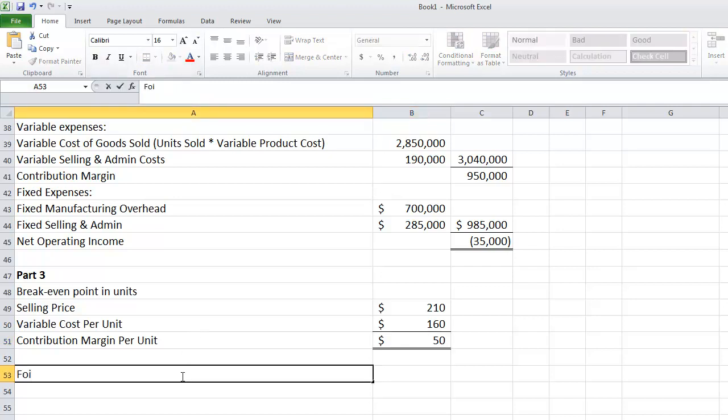Now, the formula for this is unit sales to break even equals fixed expenses divided by unit contribution margin.